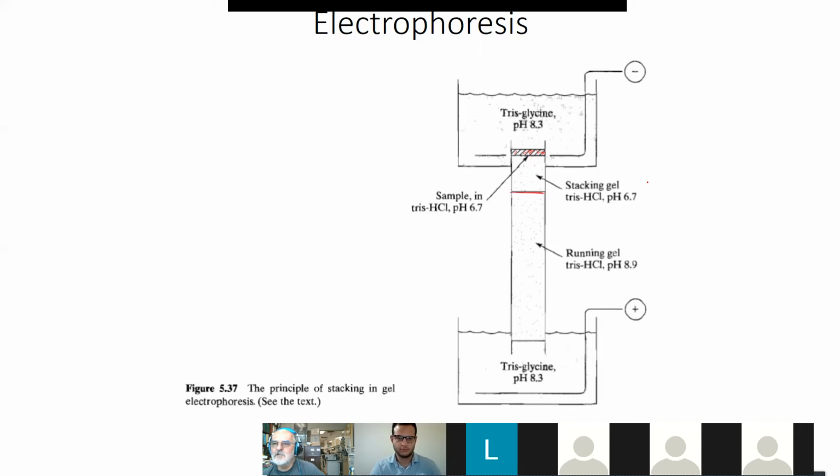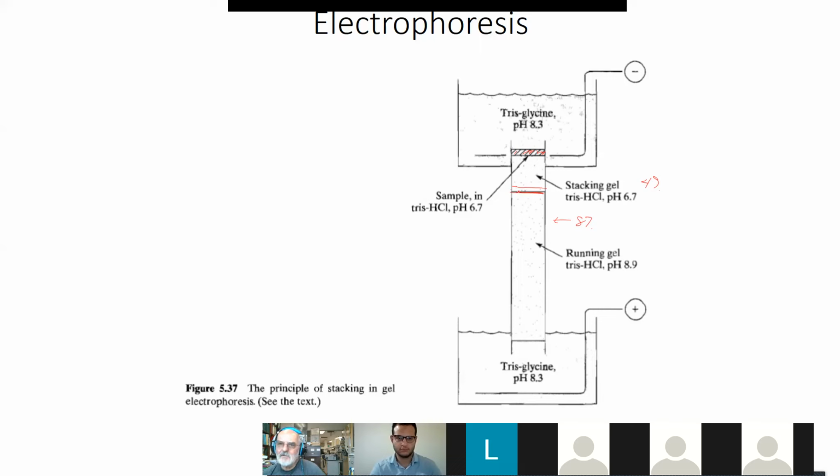So this stacking gel might be at 4%, and this gel might be at 8%. So there's suddenly a sieving or a retardation of the sample. And the boundary at the front slows down, and the back edge of the boundary keeps moving until it also hits the zone. So that's a slight concentration that sharpens the bands.